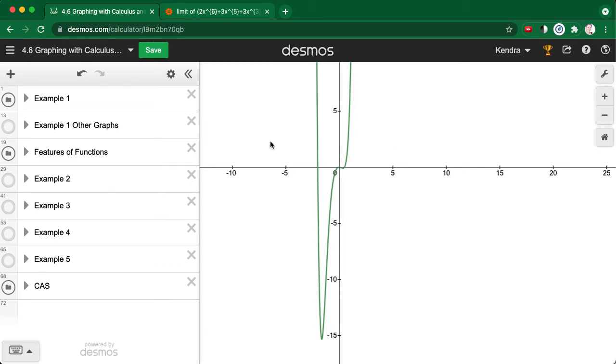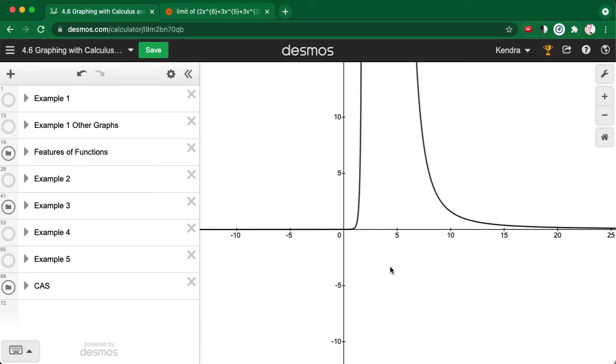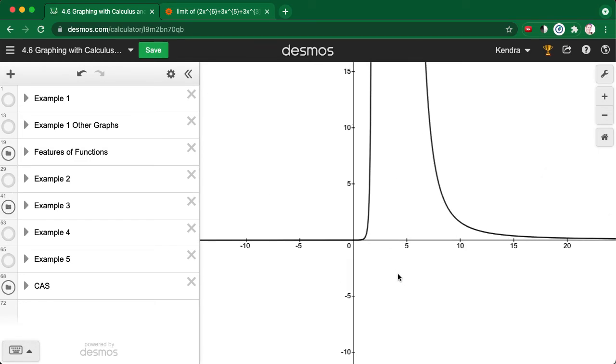So you really need to do some math to figure out what all the features are and make sure that you're actually getting all of the features. And this is where example 3 ended up being pretty surprising, how many features were hidden in here. What was going on in this gap was a little bit confusing. Is there just an asymptote at x equals 5, or are there 2 asymptotes or 3 asymptotes?